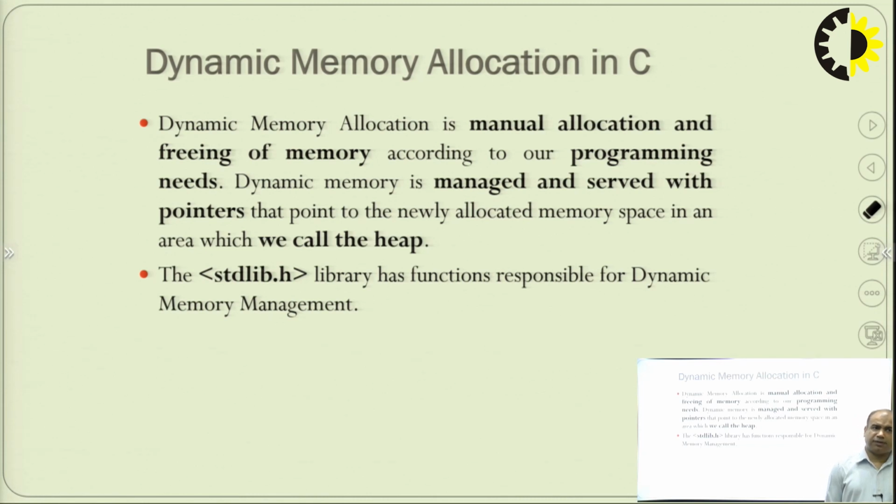Next, dynamic memory allocation in C. The definition of dynamic memory allocation is the manual allocation and freeing of memory according to our programming needs. Dynamic memory is managed and served with a pointer that points to the newly allocated memory space in the area which we call heap memory.